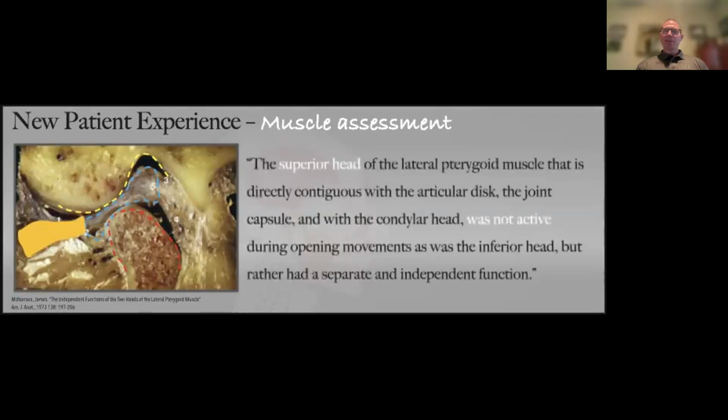Well, Dr. McNamara did a study that said the superior head of the lateral pterygoid muscle was not active during opening movements, and so that kind of defunct that theory.